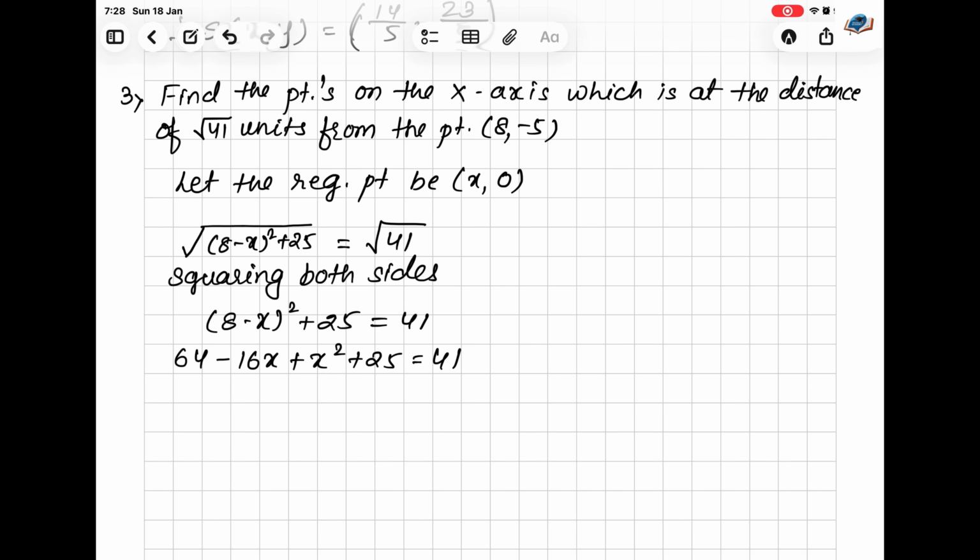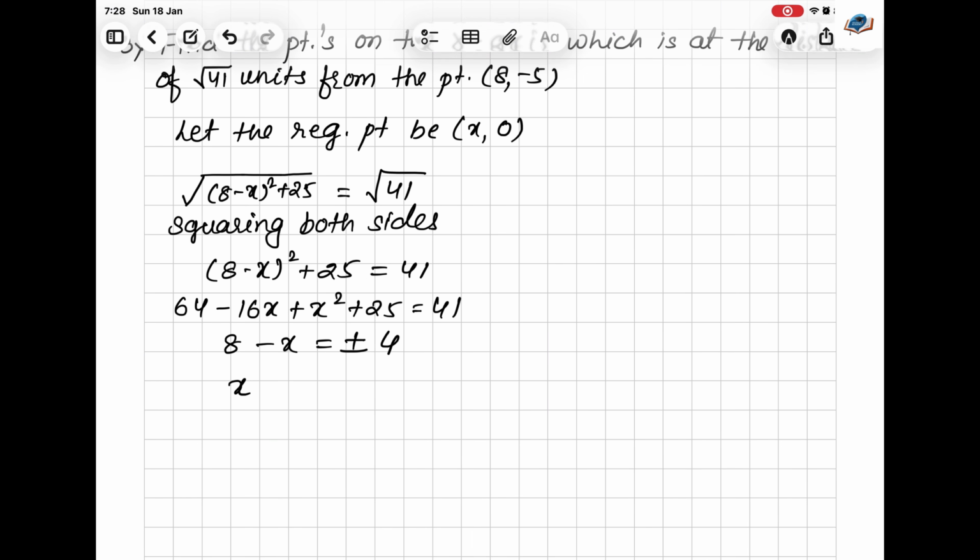So 8 minus x equal to plus or minus 4. So two values are possible here because it can be negative also, it can be positive also. So I will have again two possible values for x, that is, one will be 4 and one will be 12.